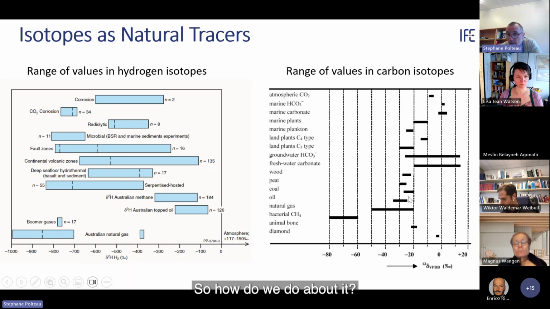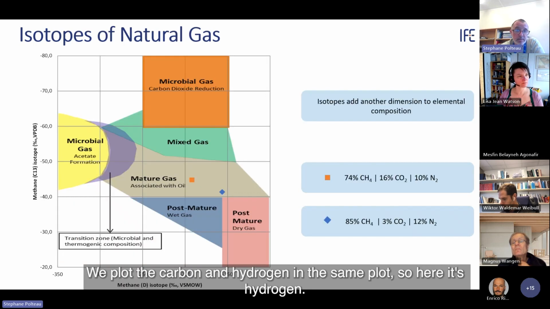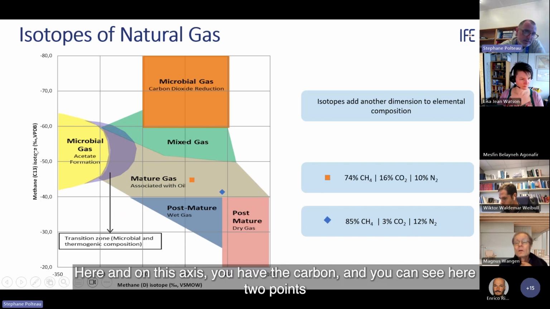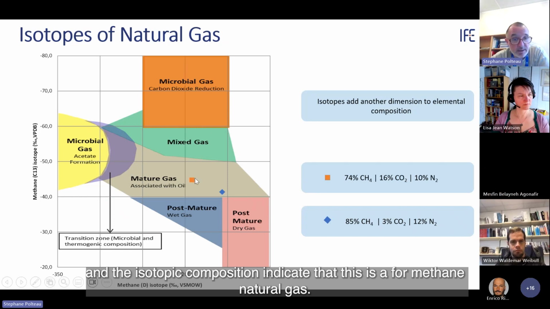So how do we go about it? We plot the carbon and hydrogen in the same plot. So here it's hydrogen at the bottom, and on this axis you have the carbon, and you can see here two points, and the isotopic composition indicates that this is methane, natural gas.